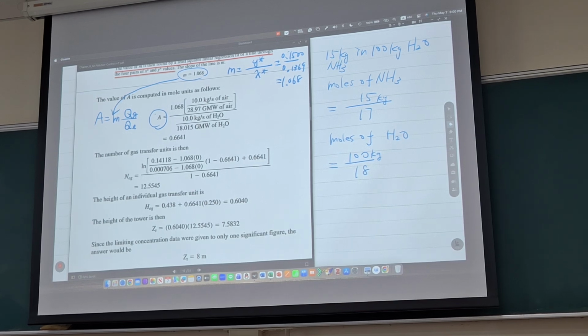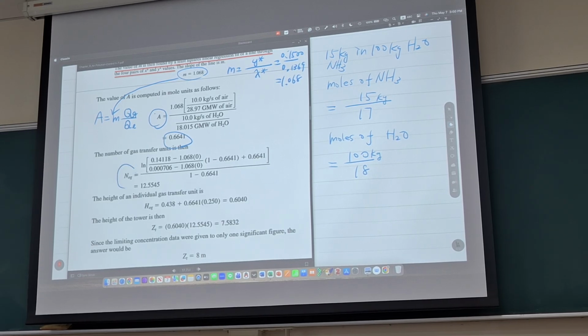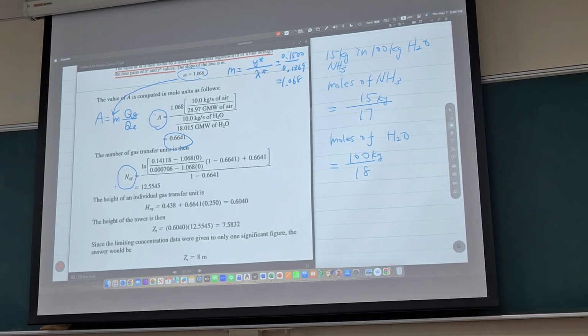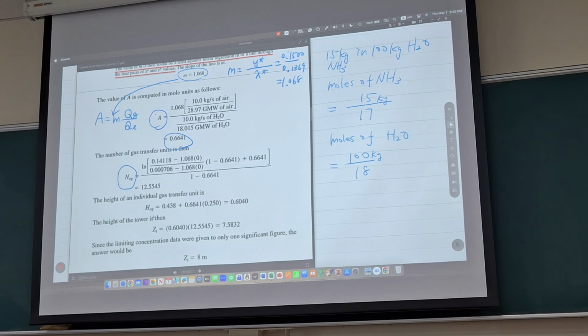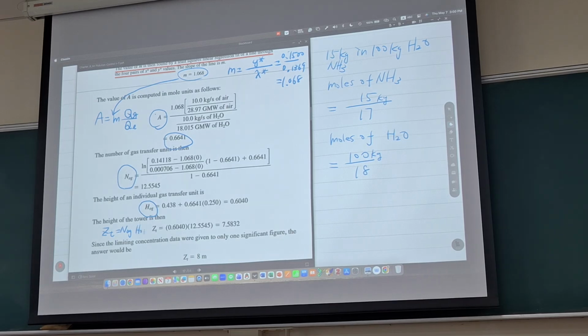So then we find the A. Okay, after that, plugging all the data, we find NOG. Okay, and we can also find out the HOG. Then use the formula ZT equals NOG times HOG.